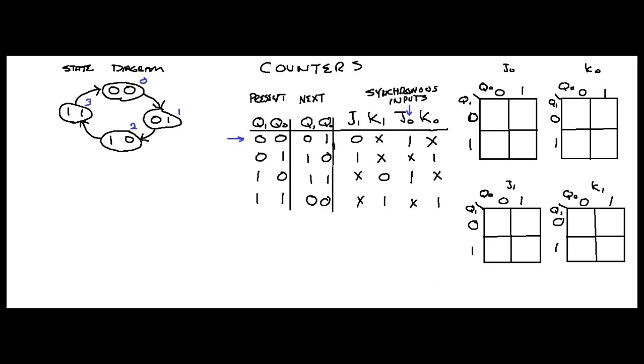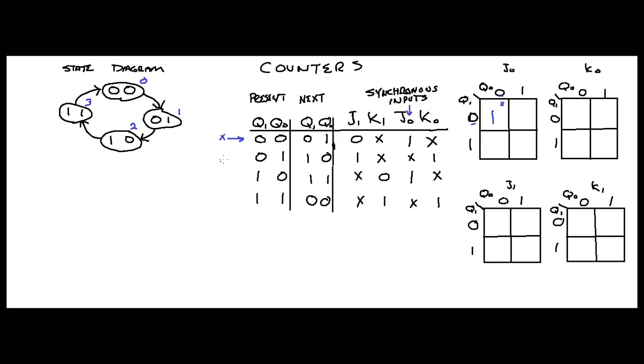Now, let's go back here. If we're in this column right here, when Q0 and Q1 are both 0, that means we're going to be in this cell right here, okay? Because they're both 0, right? Q1 is 0 here and Q0 is 0 up here. Got it? So when they're both 0, J0 is going to be 1. There's your 1. Okay?